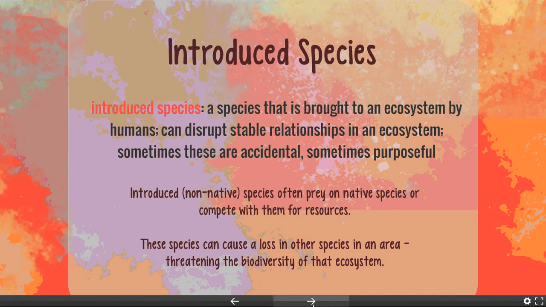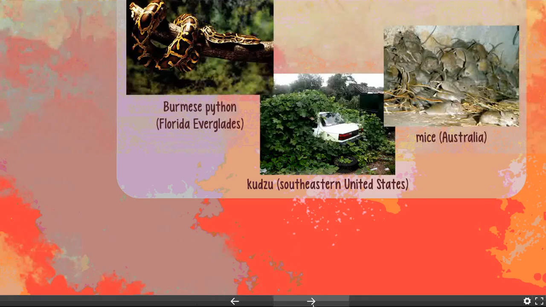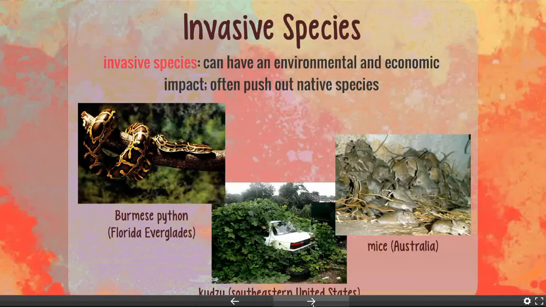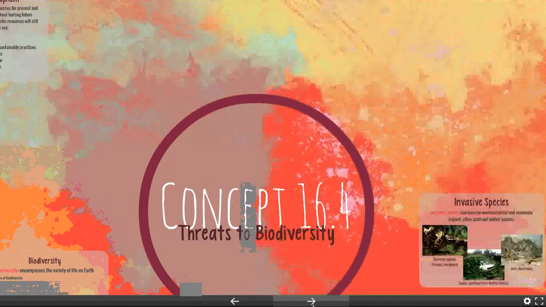It can also create more competition within that ecosystem. Sometimes it's done by accident, and sometimes on purpose. An invasive species is one that can have some sort of environmental or economic impact and often will push out the native species in that environment.